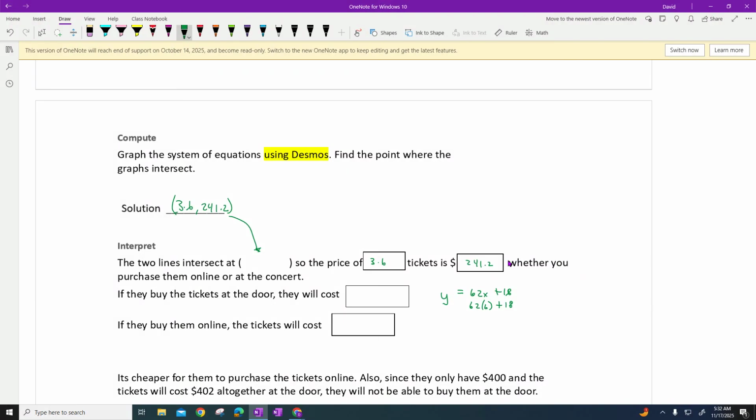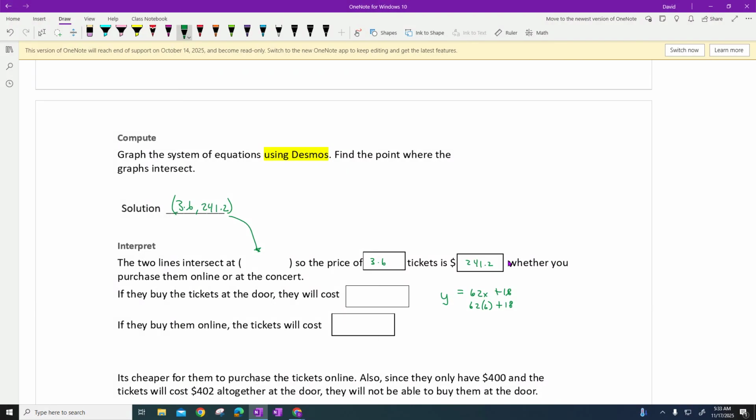I think what they want us to do, 241 times 6, I think is what they want us to do. .2 times 6. Now that's 3.6 tickets.